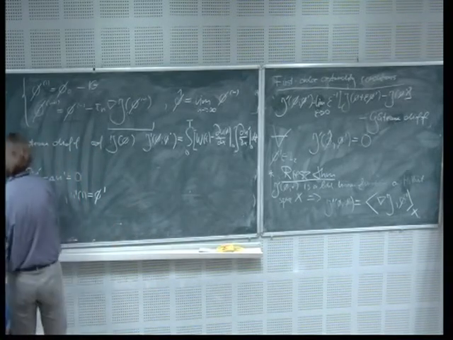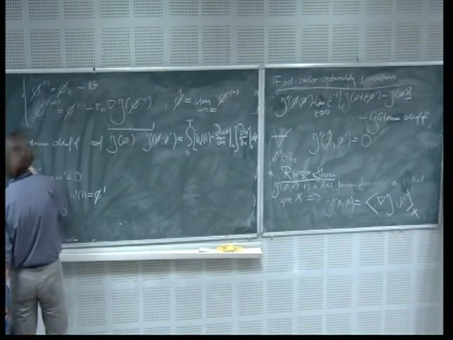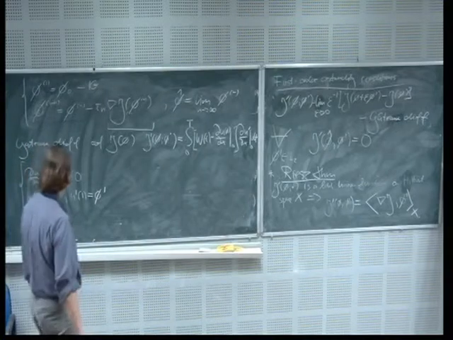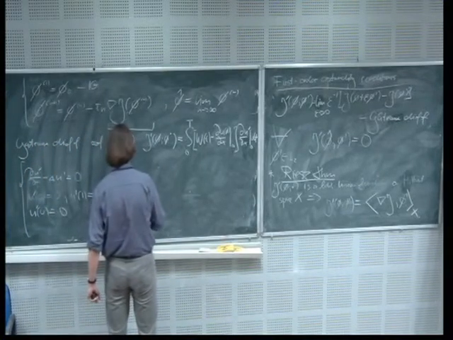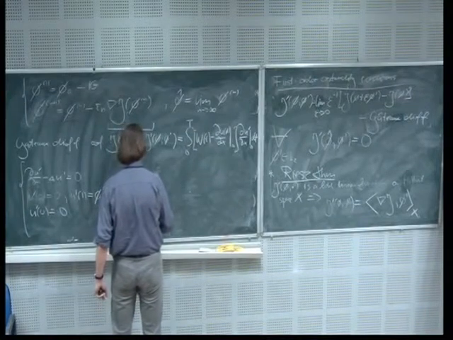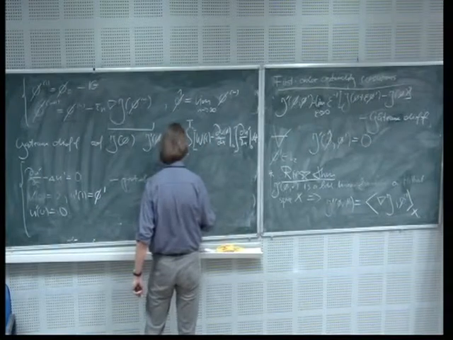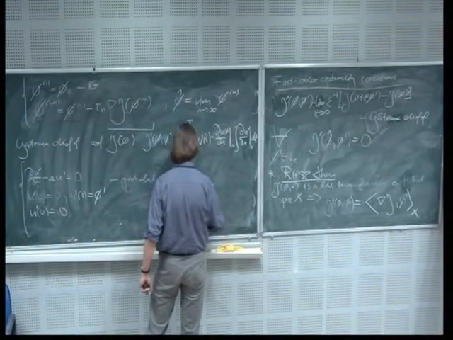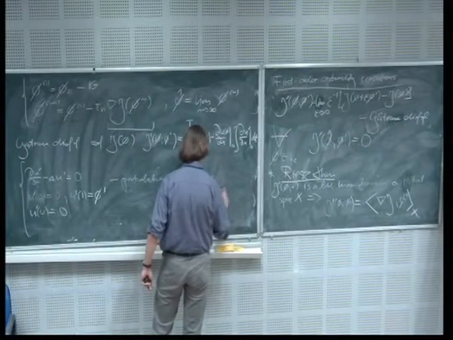And the initial condition is becoming homogeneous as well. Okay, so this is what we call the perturbation or linearized system.